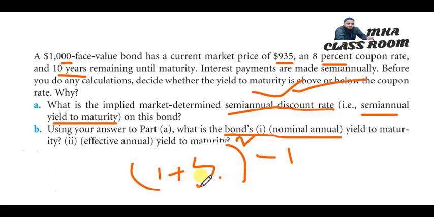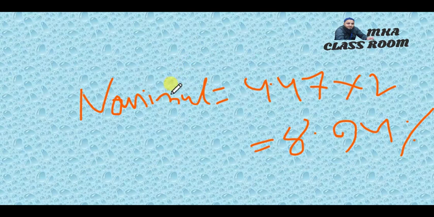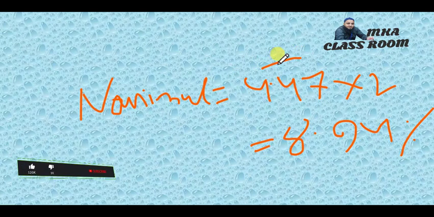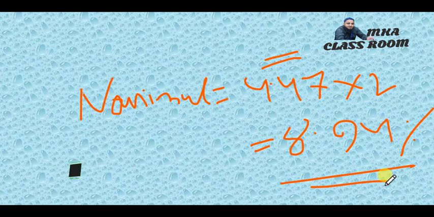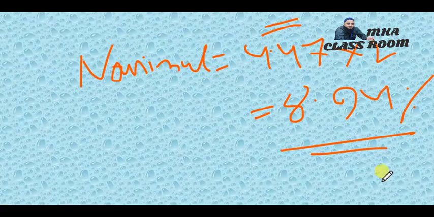So our nominal discount rate is 4.47 into 2, that is the semi-annual rate into 2, that is the nominal annual rate, 8.94%.